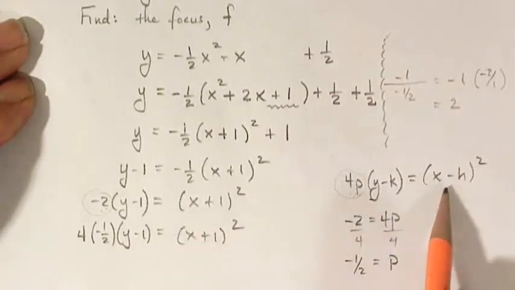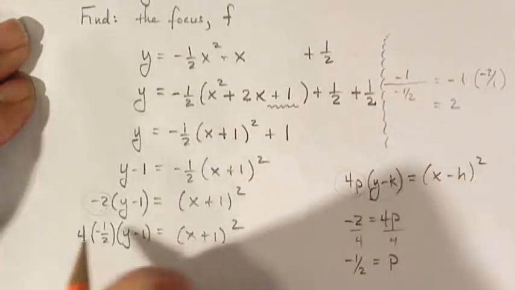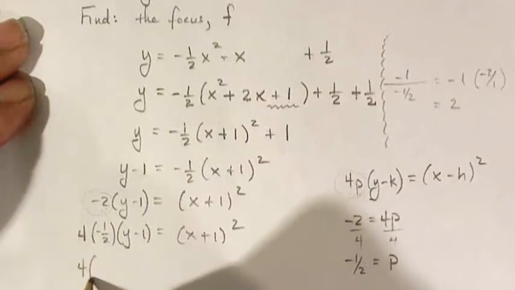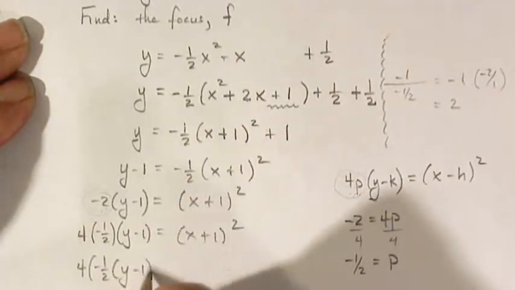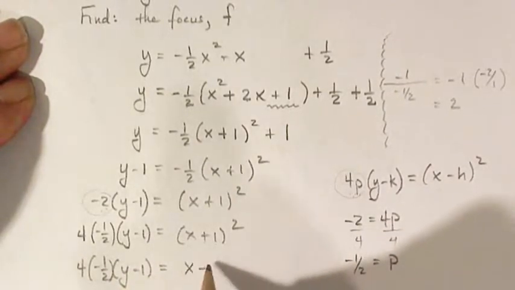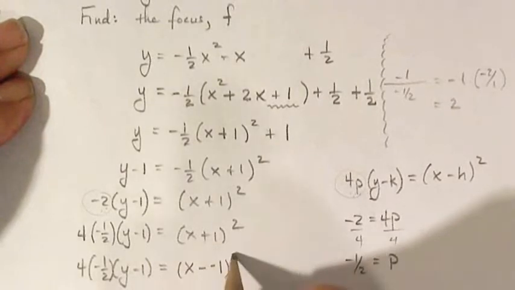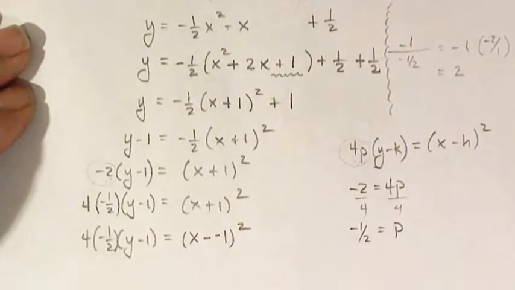This plus is supposed to be a minus. So to make this thing perfect, I'm going to change this to 4 negative 1/2 y minus 1 equals x minus negative 1 squared. Wow, that was a lot of work.